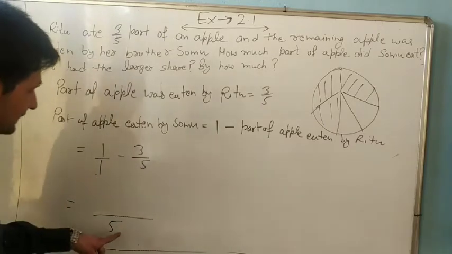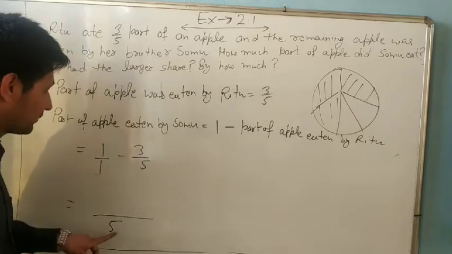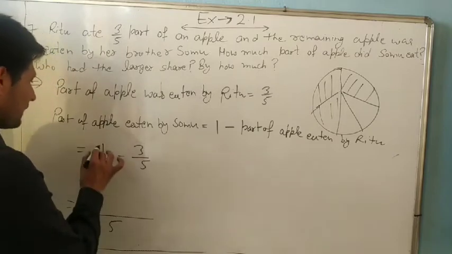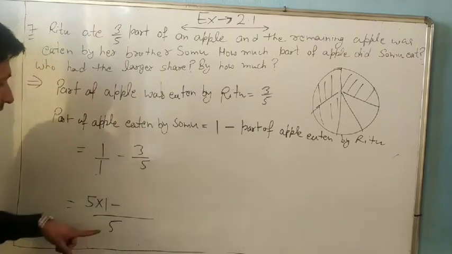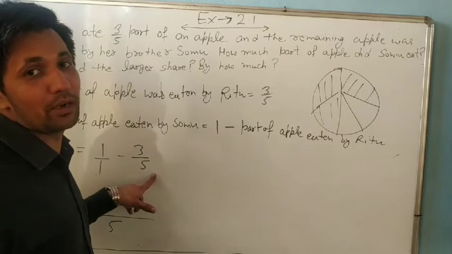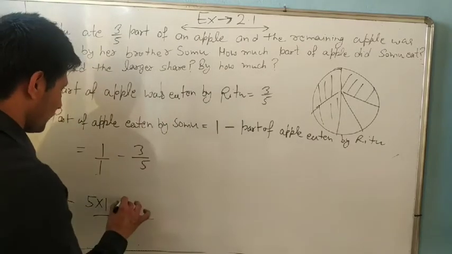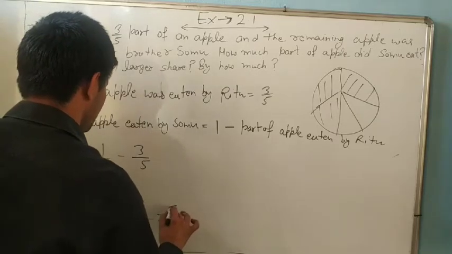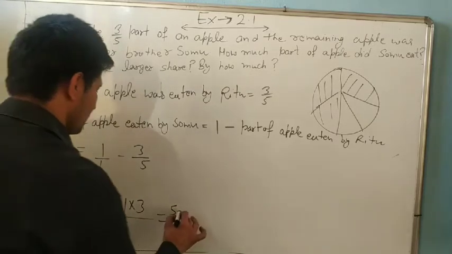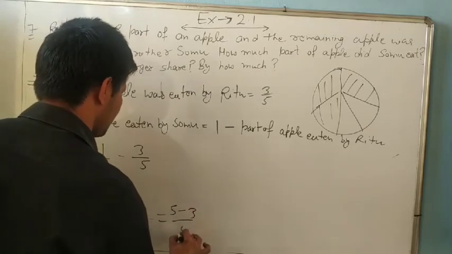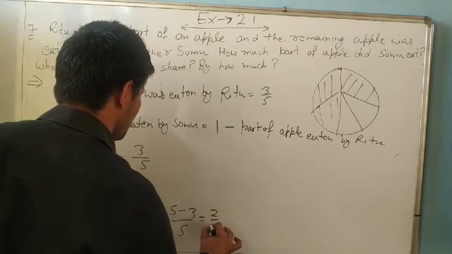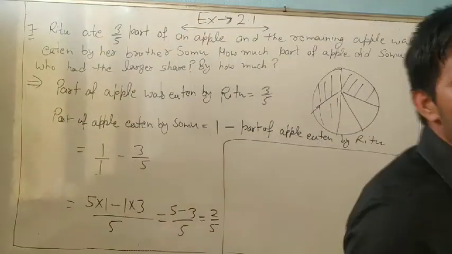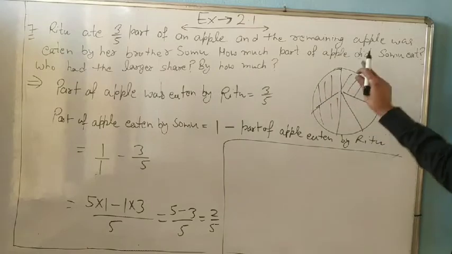Next, LCM divided by the denominator: 5 divided by 1 is 5, multiplied by numerator 1. Minus: 5 divided by 5 is 1, multiplied by numerator 3. So it becomes 5 into 1, 5, minus 1 into 3, 3, divided by 5. What does it become? 2 upon 5.